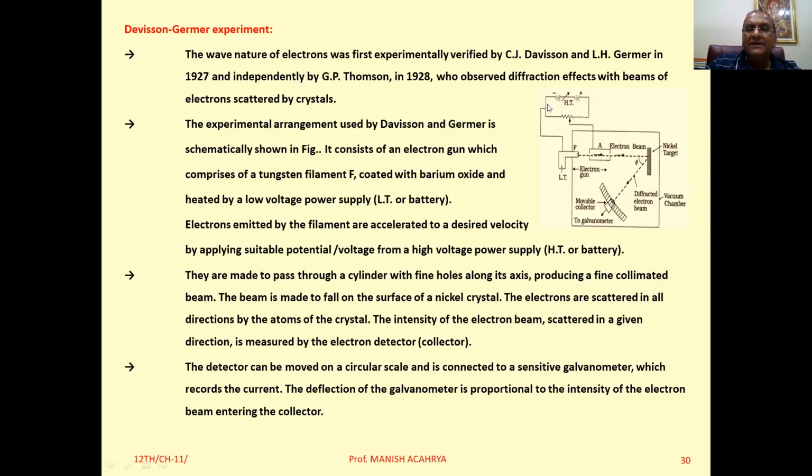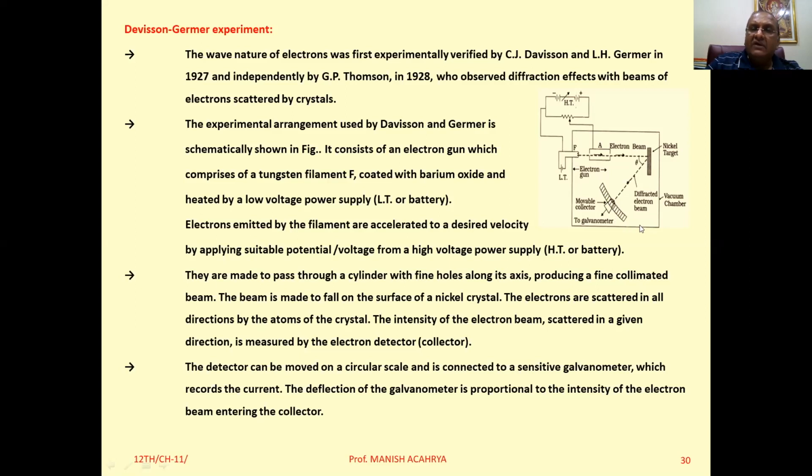And then that collimated electron beam was incident on the nickel crystal. And then the diffraction of it, or we can say the scattering of it at different angles, was measured.